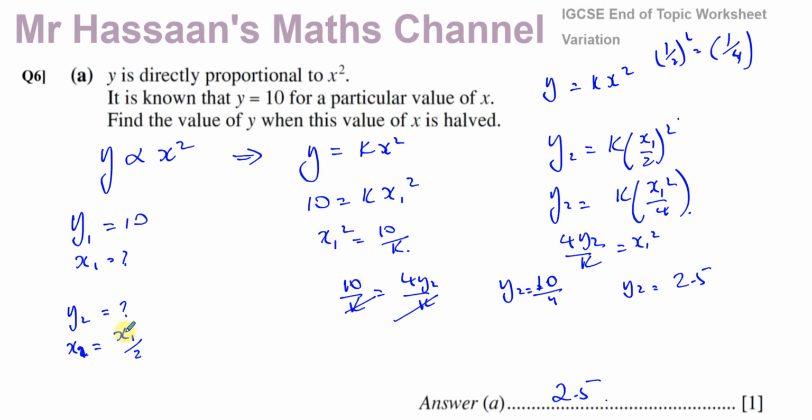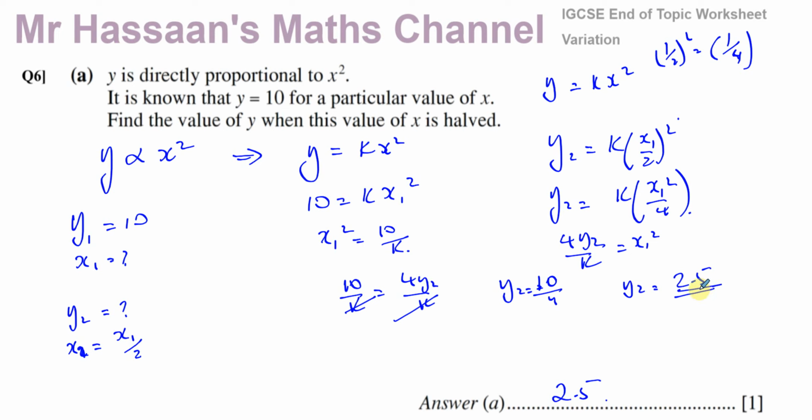When we halve it and want the new value of y, we say y2 is equal to k times x1 over 2 squared, which gives k times x1 squared over 4, because 2 squared is 4. That means x1 squared can also be expressed as 4y2 over k, just by cross multiplying. So the two expressions for x1 squared are equal to each other, so 10 equals 4y2, so y2 is equal to 10 over 4, which is 2.5.